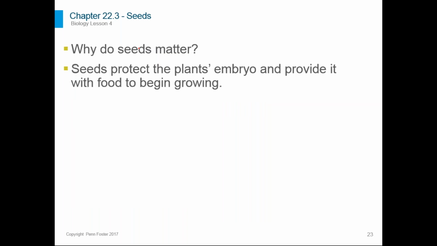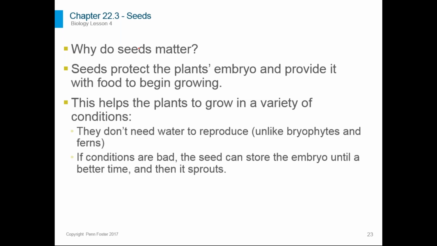And why do seeds matter to the plants? Seeds protect the plant's embryo and provide it with enough food to begin growing. And this is great because it helps the plants grow in a variety of conditions. They don't need water to reproduce. So remember, bryophytes and algae, they needed water to reproduce.